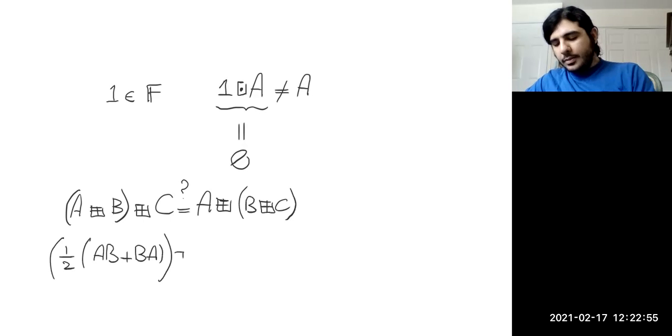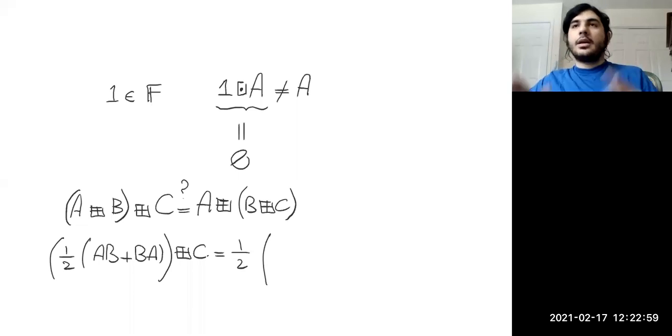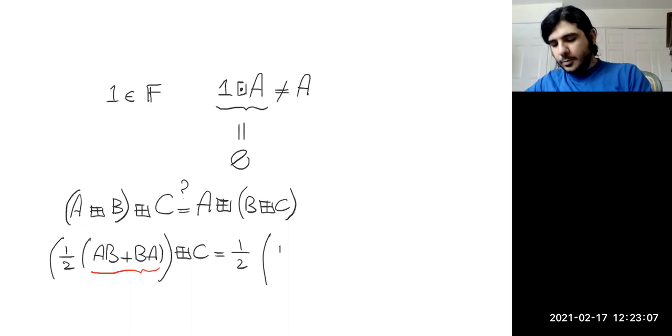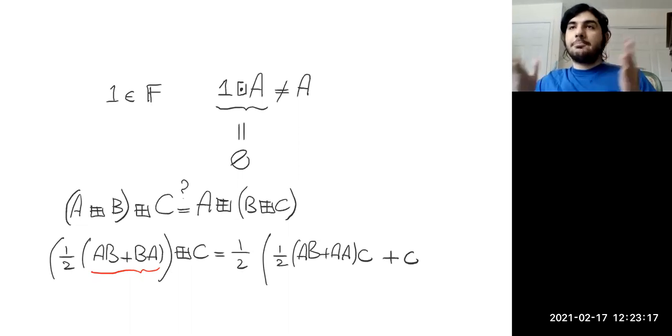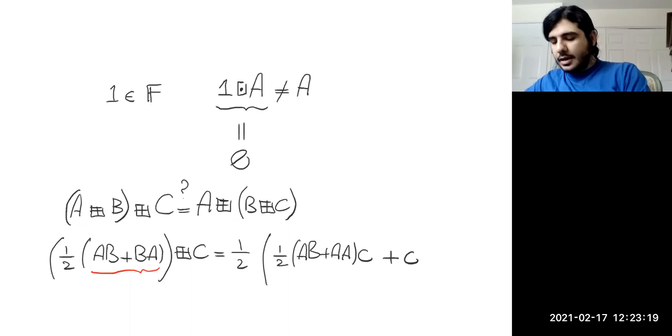Now, the whole thing plus c is equal to 1/2 times what we have here in the parentheses, the whole thing times c, which would be 1/2 (ab plus ba) times c, plus c times the whole thing there, which is 1/2 (ab plus ba).